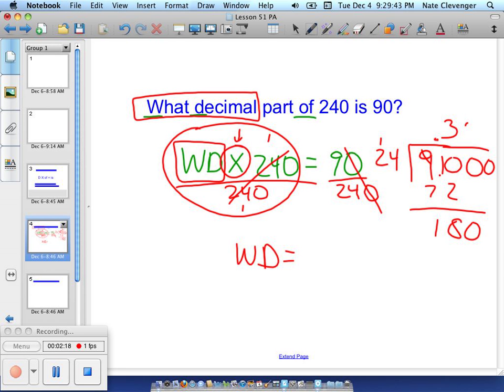So 7 times 4 is 28, 14, 15, 16. 0. Do this all again.